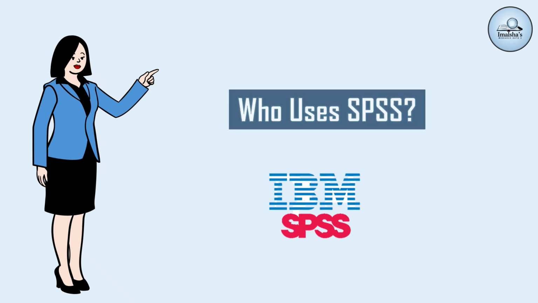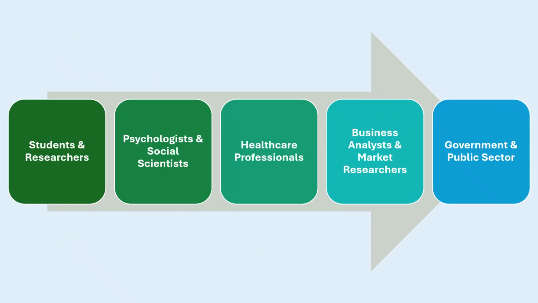Who uses SPSS? Okay, let's go to the big question. Who actually uses SPSS? Well, honestly, it's anyone who deals with data. And I mean anyone. Let me give you a few examples. First off, students and researchers. Whether it's for assignments, surveys, theses, or dissertations, SPSS makes analyzing data so much easier.